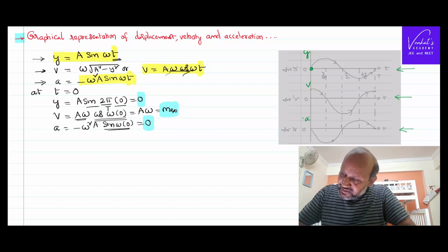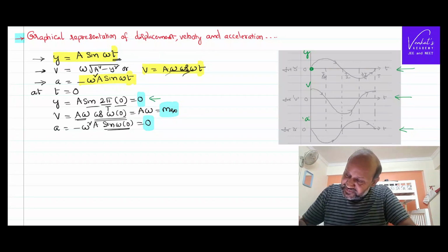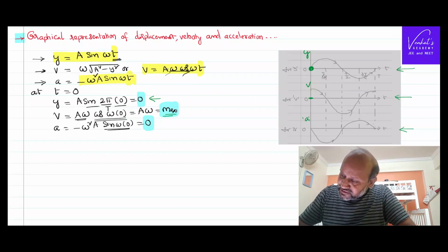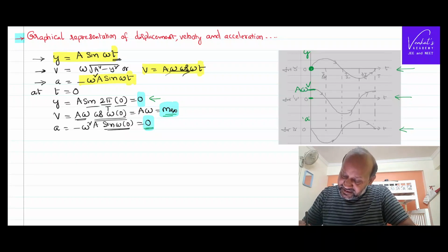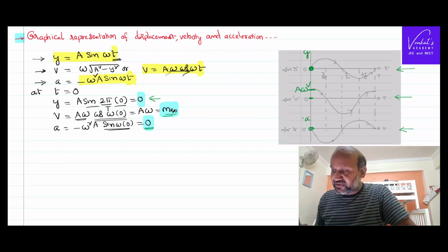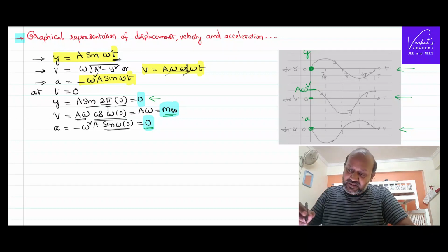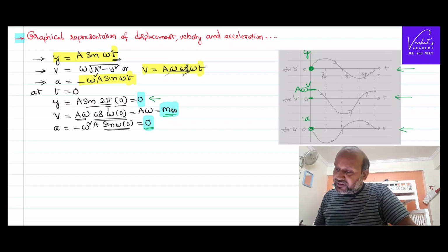At time equal to 0, that is at the origin, as displacement is 0, we have started our point here. And velocity is maximum. That's why the graph has not started from the origin, but rather from the maximum, that is a omega. Again, acceleration is 0, so it has started from the origin. These are our respective values for t equal to 0.